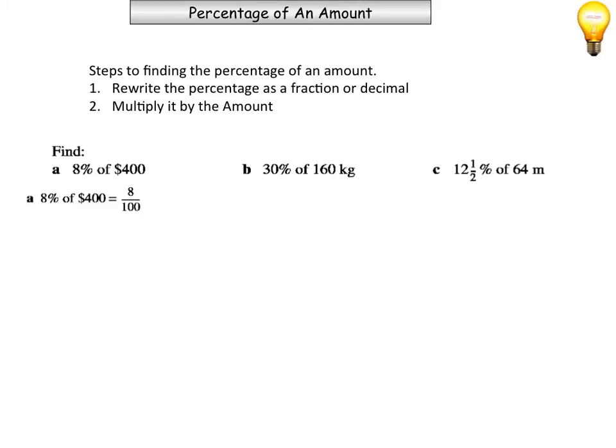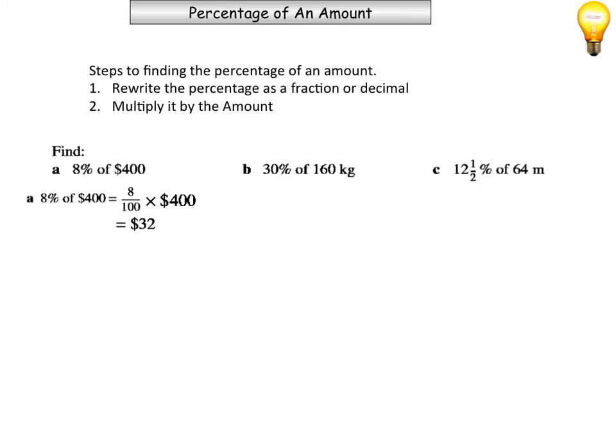Now remember that when we've got a percentage, the denominator will always be 100 when we have it represented as a fraction. We then need to multiply that by our amount, which is $400, and that gives us $32. Remember that you need to make sure that you keep your units, so we had $400 here, and we're going to need to make sure that we get $32 out here.